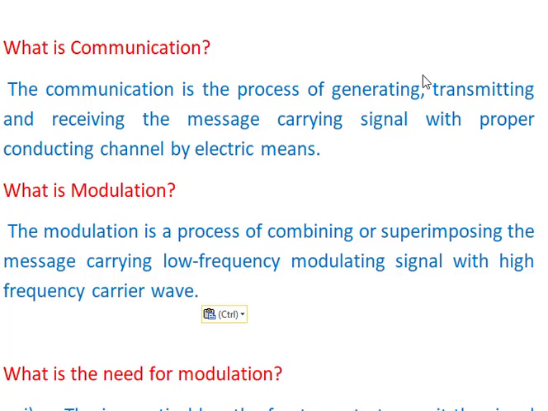This low frequency modulating signal is combined with the high frequency carrier wave generated by the oscillators. So this combining process, superimposing process or mixing process is called modulation. We are altering the carrier wave's amplitude, frequency and phase with respect to the amplitude of the wave generated by our voice or music, called the modulating signal.